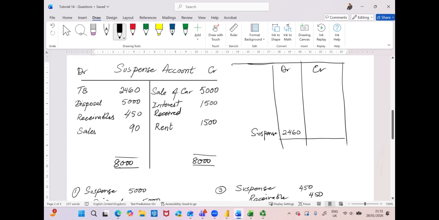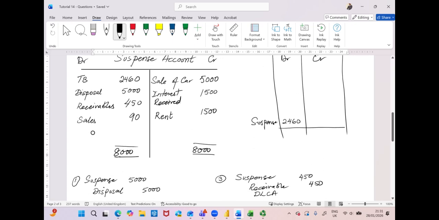And remember that the way I am updating the suspense account, at the same time in real life, I will be updating my disposal account, my receivables account, my sales account, my interest received account, my rent account. I will be updating them as well. But we do not have them over here. That's why I did not show you those accounts.